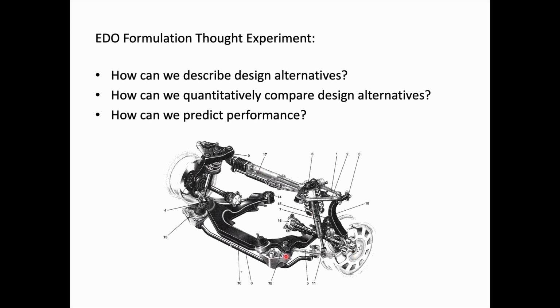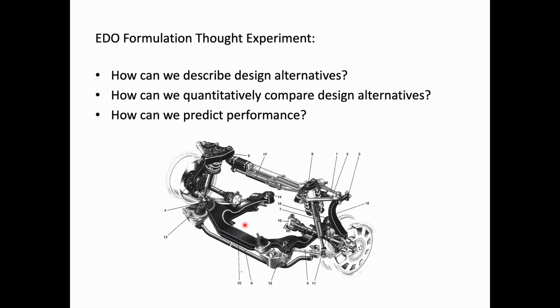Anyway, so we have all these components in this front suspension system, and it has a lot of different functions. It needs to support the sprung mass, the weight of the car as it's resting on the road or driving over the road. So it needs to provide a mechanical connection between the main part of the car and the road, but it needs to provide some kind of vibration isolation. So there's a comfort functionality, but then there's also handling.